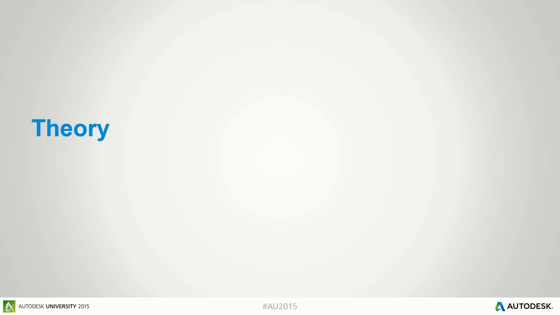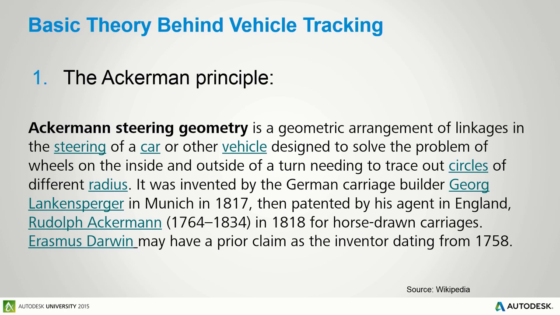If you are talking about swept path analysis, it's based on the Ackermann principle, basically, and in Wikipedia you can find that this is the principle of how vehicles are turning, because of course the inner and outer wheel have different radiuses, so it has to be solved. This is something which was invented quite a long time ago, and we are using this also in our software.